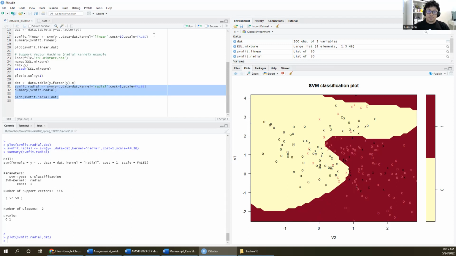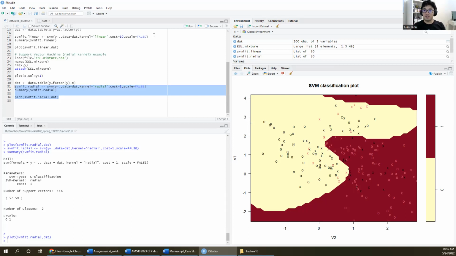The cost parameter is essentially your way of tuning, well, both the kernel and the cost are ways that you can help to tune the way that the SVM is drawn. And so you can probably see where I'm getting at here.